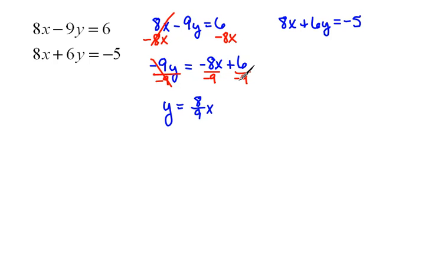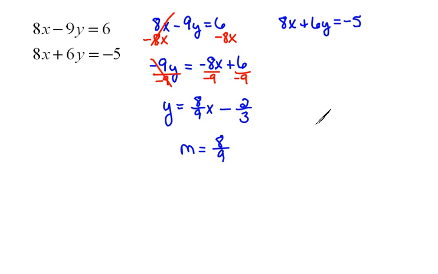Well, positive divided by negative is negative, and 6 over 9 will reduce down. 3 will go into 6 2 times, and 3 will go into 9 3 times. So this tells us that we have a slope here of 8/9. Remember, our slope is what's in front of the x. Okay, so that's one of them.